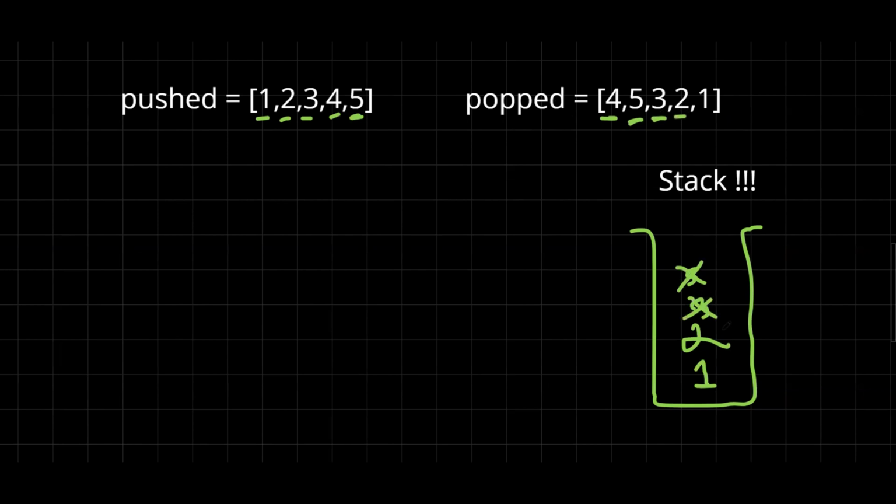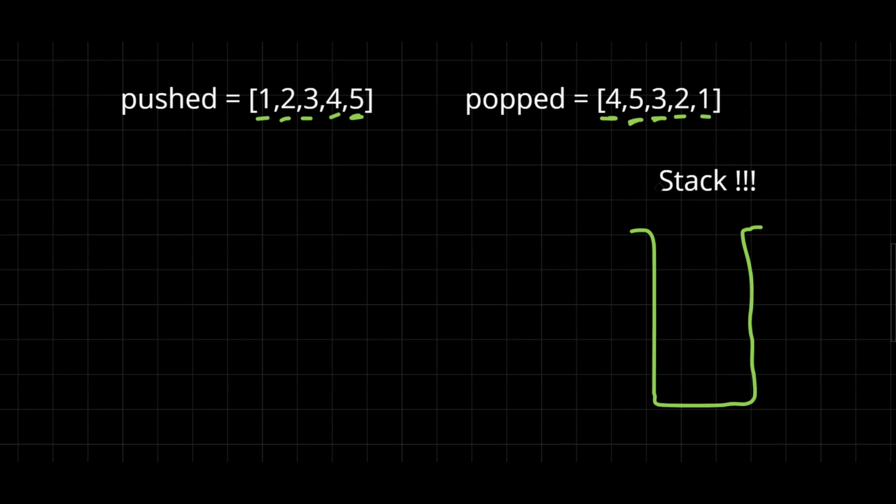For this element 2, we can remove this element 2 here. And for this element 1, we can remove this element 1 here. Now we can say that after performing all of the push and pop operations, the stack becomes empty. So in this case, we have to return true. But otherwise, if we cannot make the stack empty, then we have to return false.